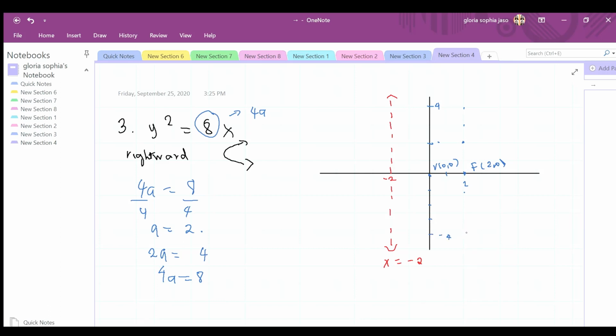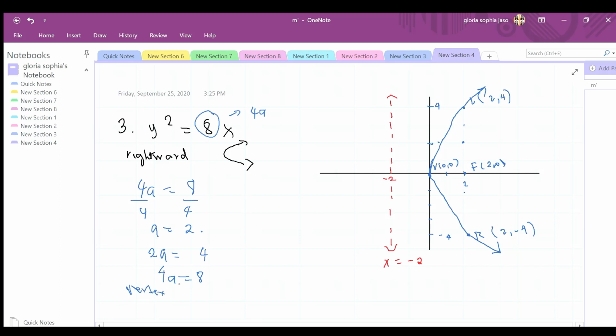It's negative 4 here. So this point and this point. Let's name it R, and the coordinates are (2, 4), and for the other endpoint, (2, -4). Okay, so now we can trace our parabola.